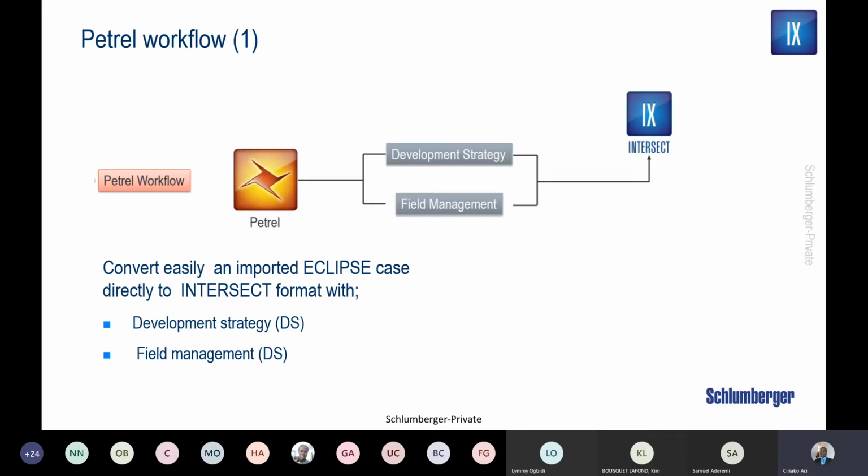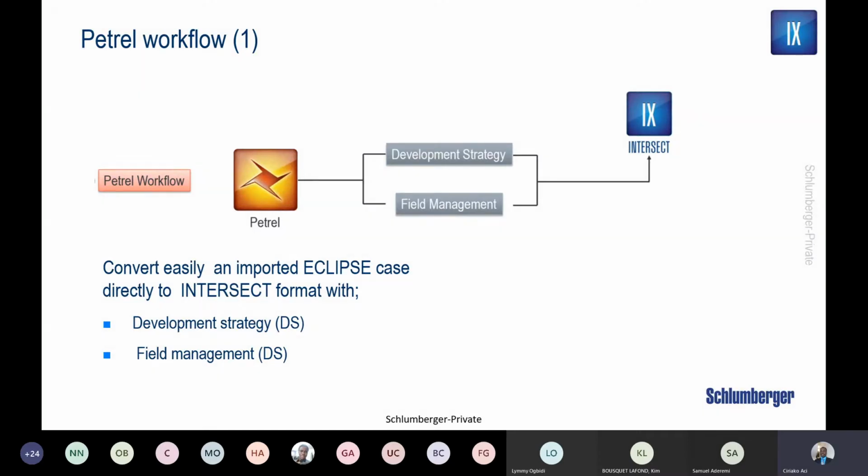Now, with the Petrel workflow, there are two strategies you can use. The conventional strategy that we use mostly is the development strategy with Eclipse. However, with Intersect, you can use this development strategy, but to harness well the importance of this technology, this simulator Intersect, the preferred strategy is the field management strategy.